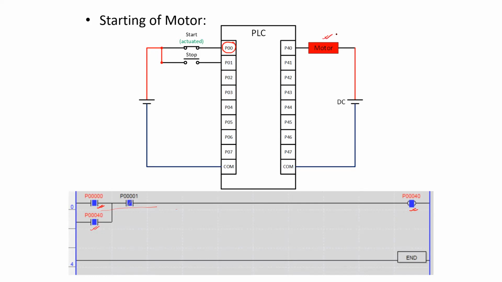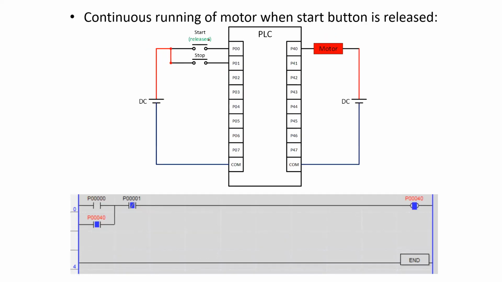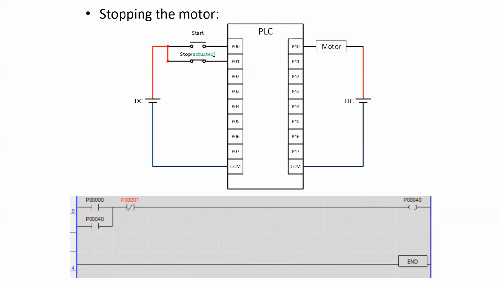So the motor will start running, and even if this push button is released, as this contact connected in parallel has already been closed due to the high signal at the output coil, the output coil is going to receive continuous high signal until the stopping button is pressed. When the stop button is actuated, as port P01 receives a signal, it will have a transition from the normally closed contact to normally open.